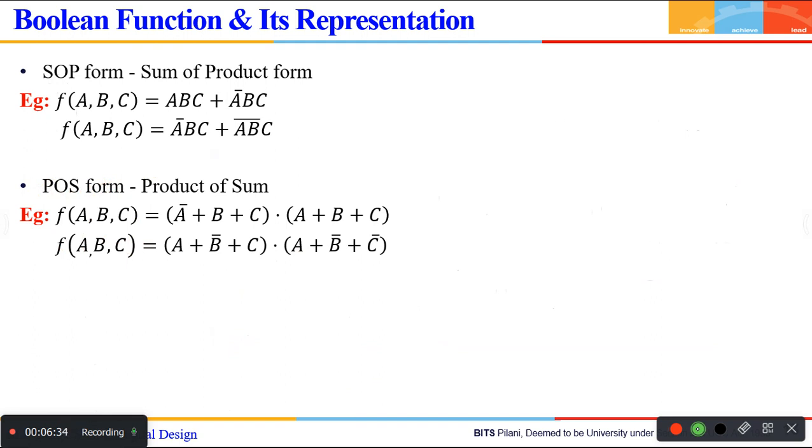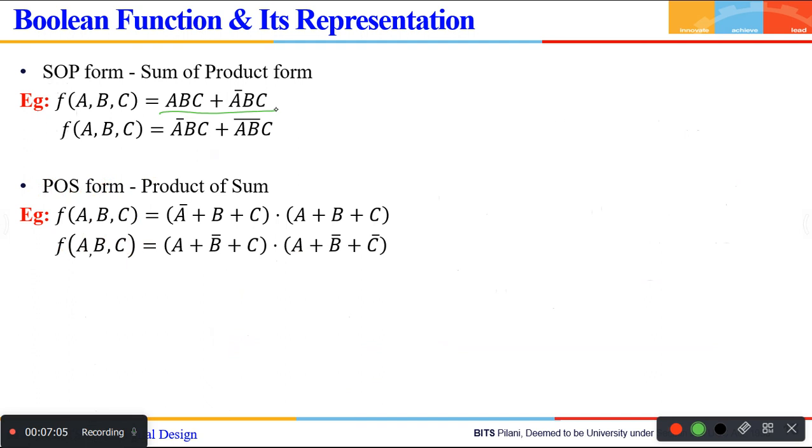Now see this equation, it is given as abc plus a bar b c. Is it not a sum of products? abc is a product, a bar bc is a product, and you sum them. This form of your Boolean function or Boolean equation is called sum of product form.